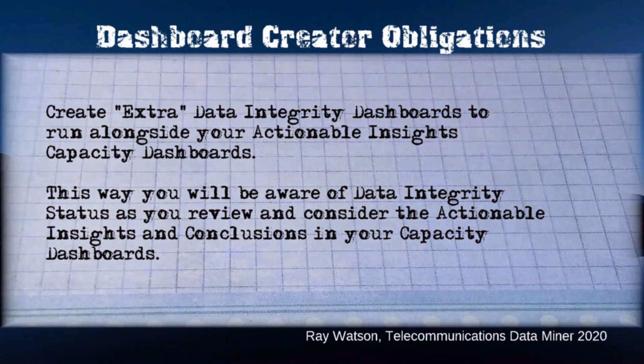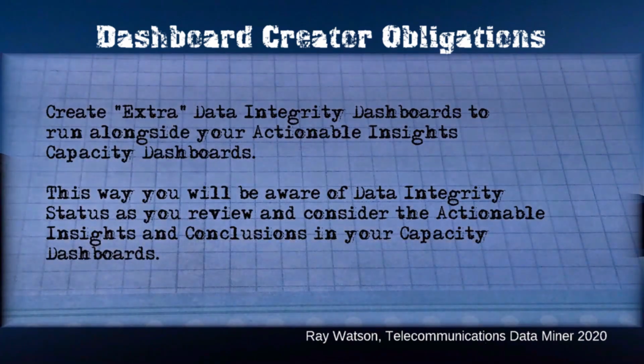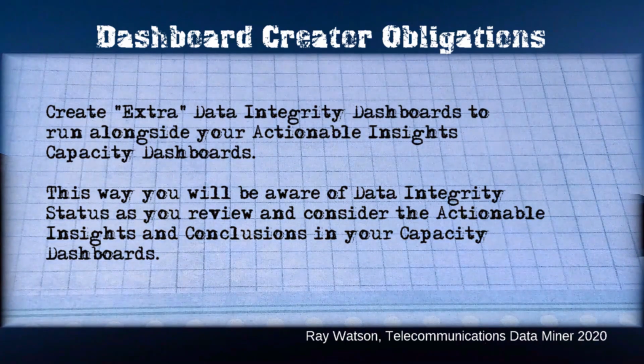Missing sample periods will cause peg counter hourly aggregations to be underrepresented. Missing sample periods will cause gauge counter hourly aggregations of average values to be underrepresented and can cause max values to be missing the true max of each hour.